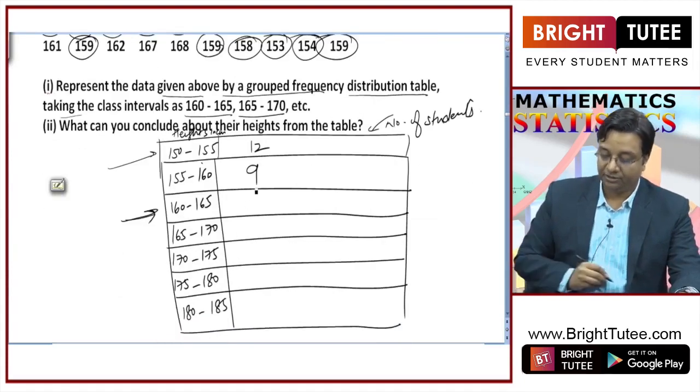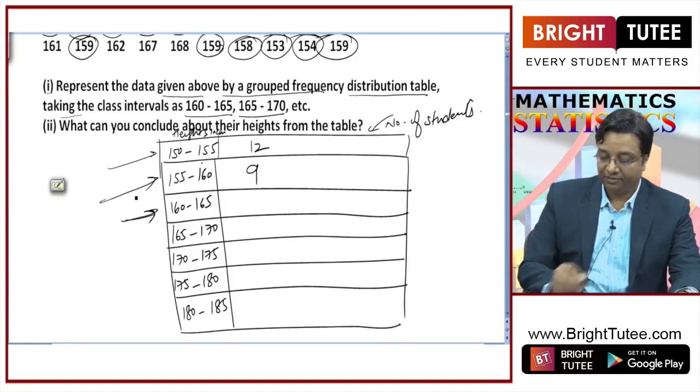So there are 9 students who have got heights between 155 to 160. 160 is excluded from this class.